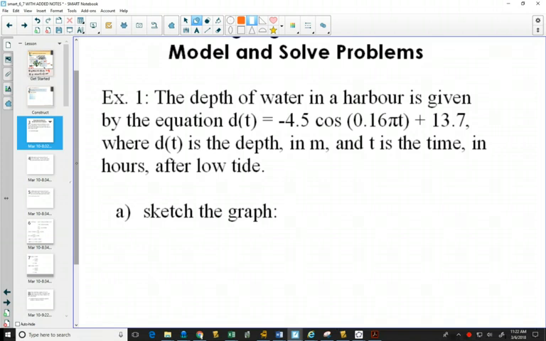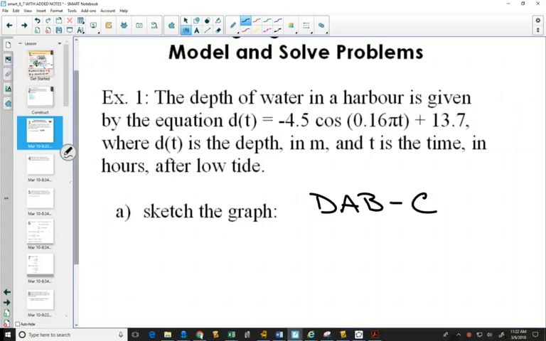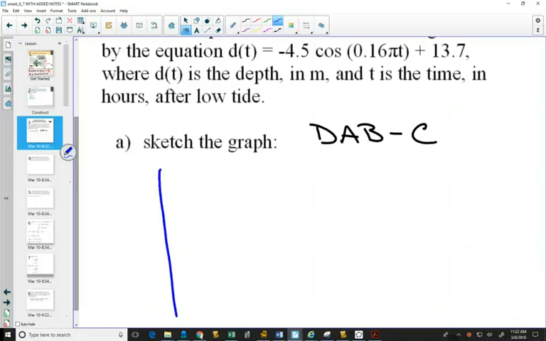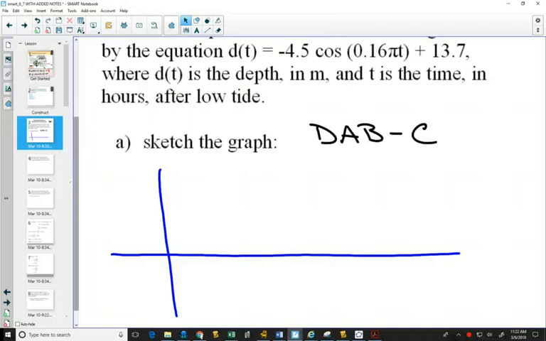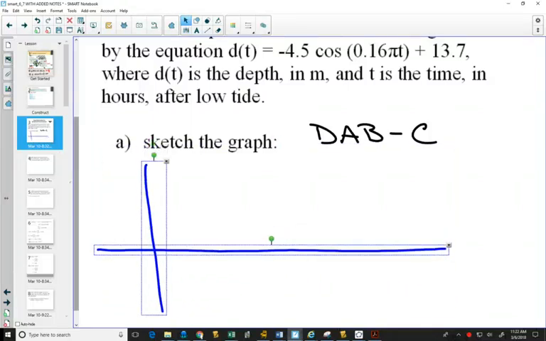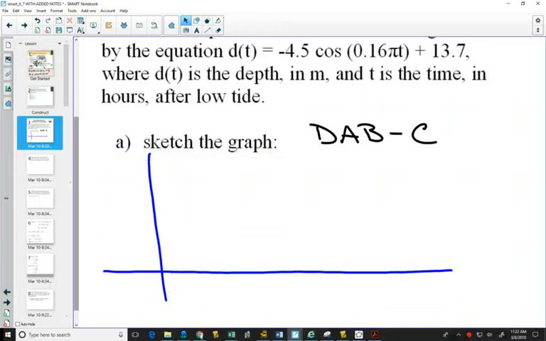Sketch the graph. So just for reference, I'm going to write DABC here. How do we use DABC to sketch our graph? Actually, I'm going to move this line down a little bit, because I can already see where my center line is.